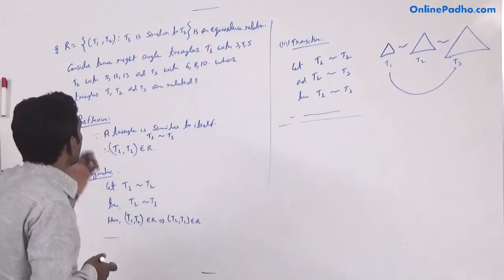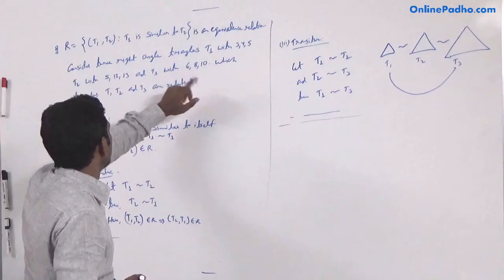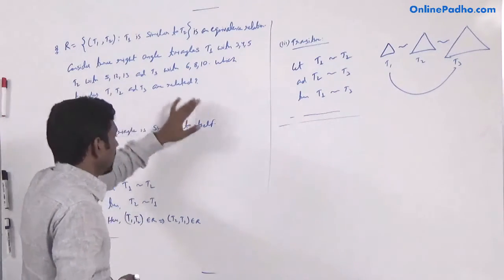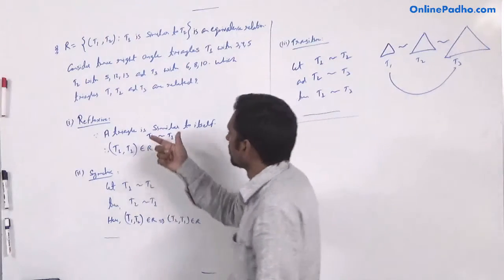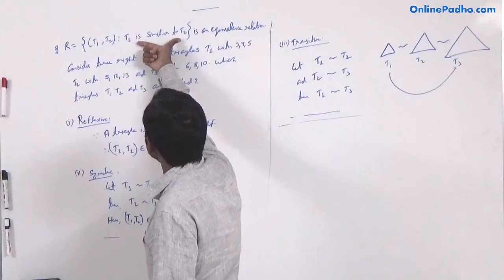Now, the second part of the question: consider 3 right angle triangles with sides 3, 4, 5; 5, 12, 13; and 6, 8, 10. Which triangles are related? What is the relation in this question? The relation is that two triangles are similar.